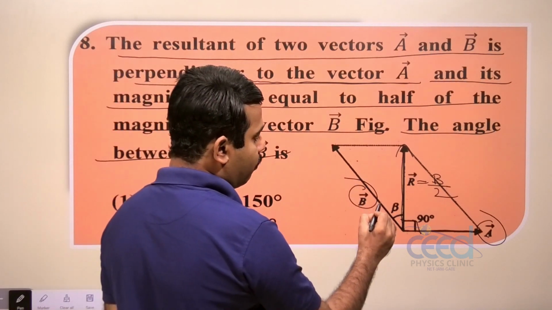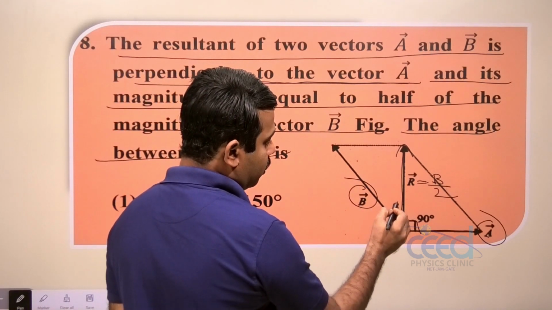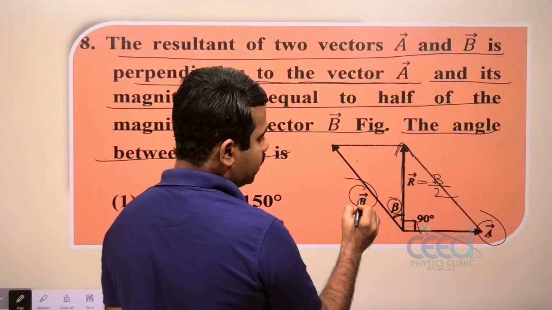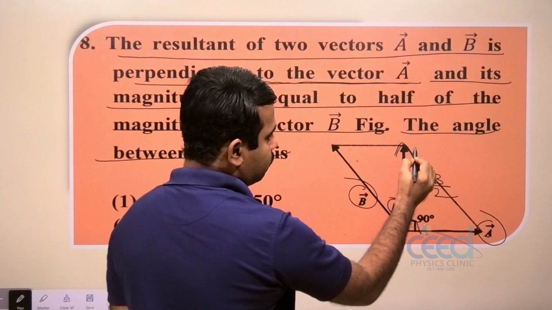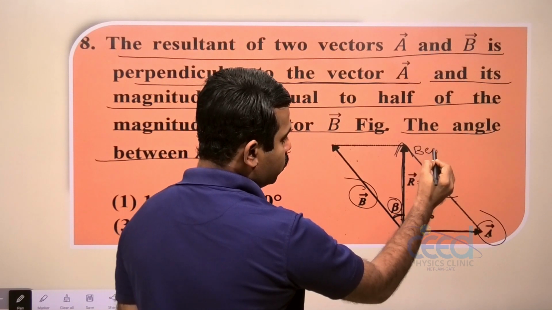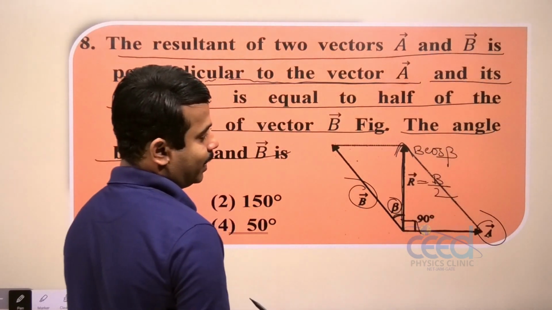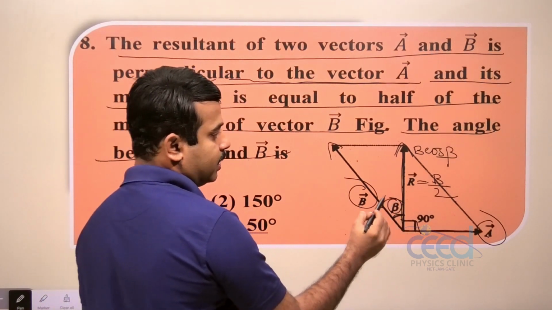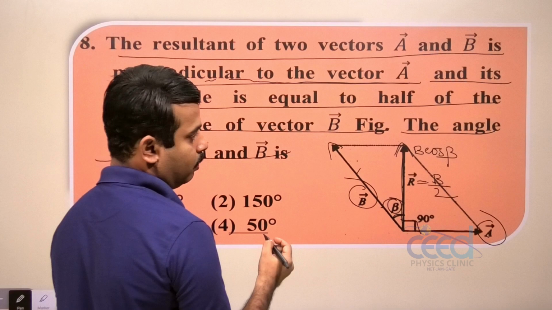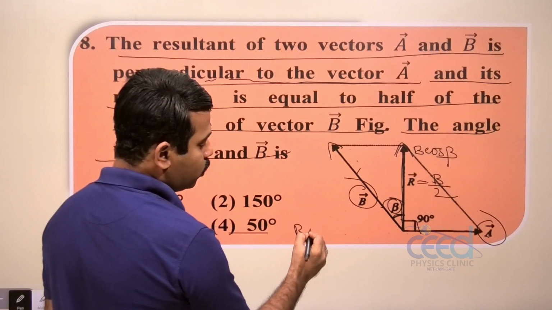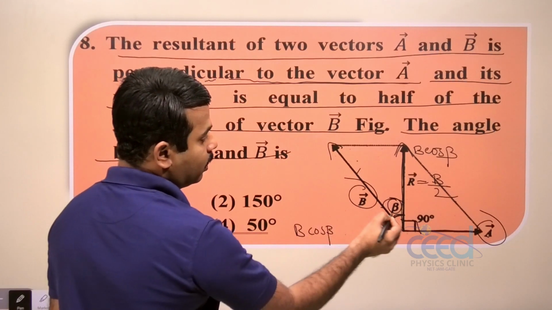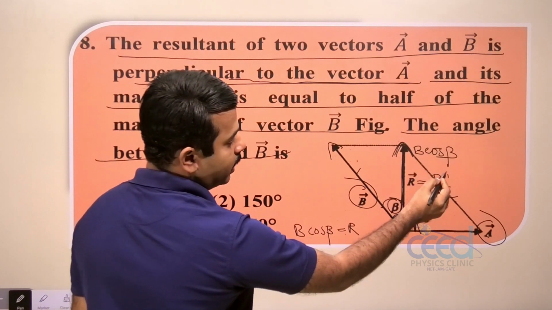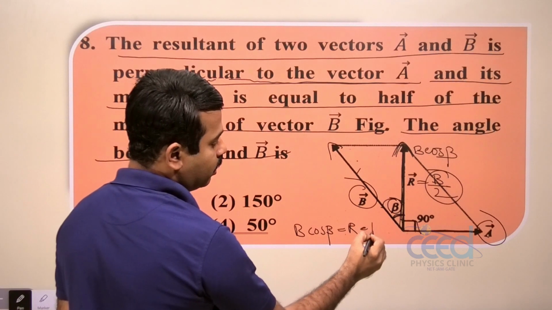Now what is the component? If this angle is beta, what is this component? If this is B, this is B cos beta, the component of this vector, because this is the adjacent side. Then B cos beta is our resultant vector. What is the resultant? The resultant is B by 2, already mentioned.